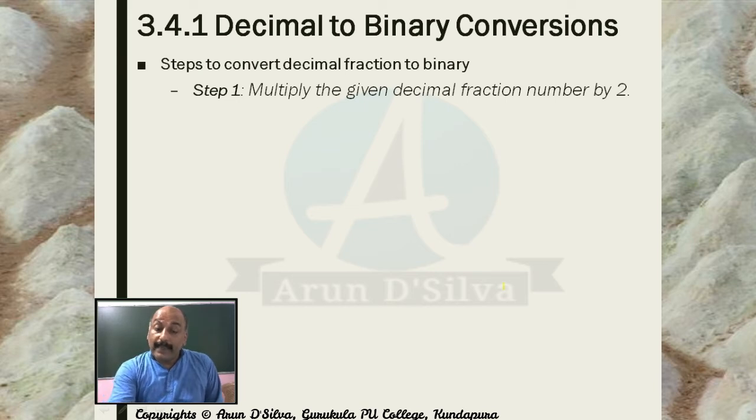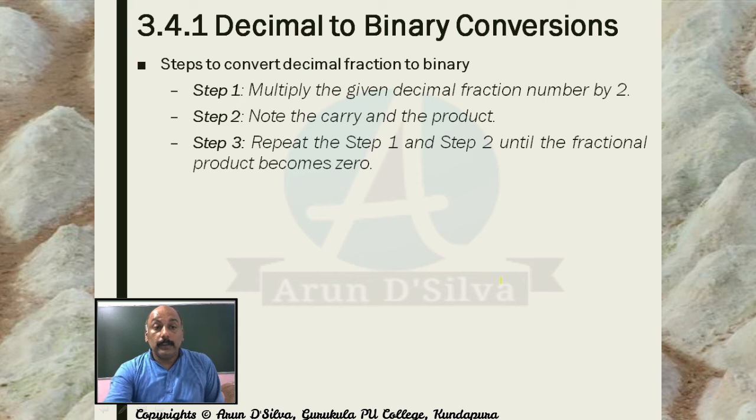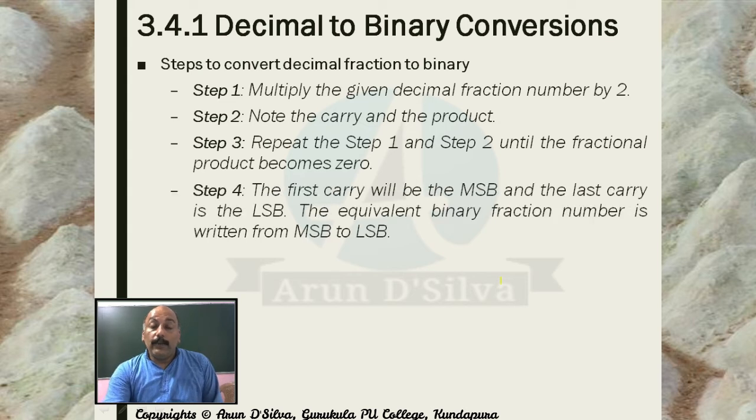The second step, note the carry and the product. The carry that is generated as well as the product, we have to note down. Repeat step 1 and step 2 until the fraction product becomes 0. Till that time we have to repeat. The first carry will become the MSB and the last carry is the LSB.